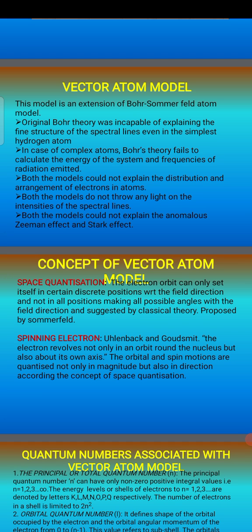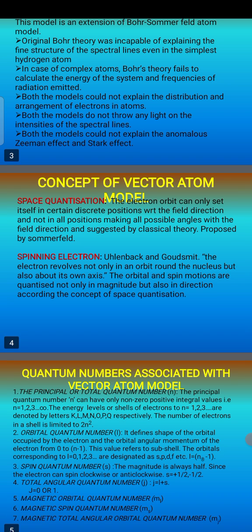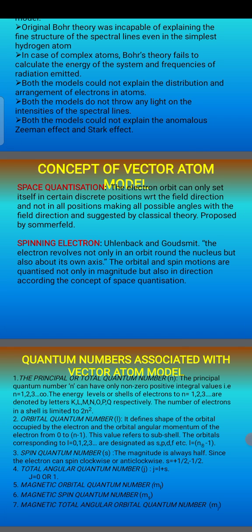Uhlenbeck and Goudsmit put forward the famous hypothesis, that is electron spin. According to the hypothesis, the electron revolves not only in an orbit around the nucleus but also about its own axis. Thus, the electron has two types of motion. One is orbital motion, second one is spin motion.